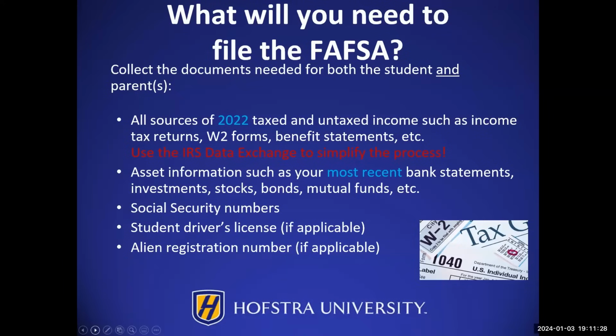But something you will need is any asset information, which includes most recent bank statements, investments, bonds, mutual funds, etc. Social security numbers, students' driver's licenses, if they're applicable, as well as any alien registration numbers. But again, it is based off of the 2020 income information, and the data exchange tool will link your information right from the IRS directly to your FAFSA application.